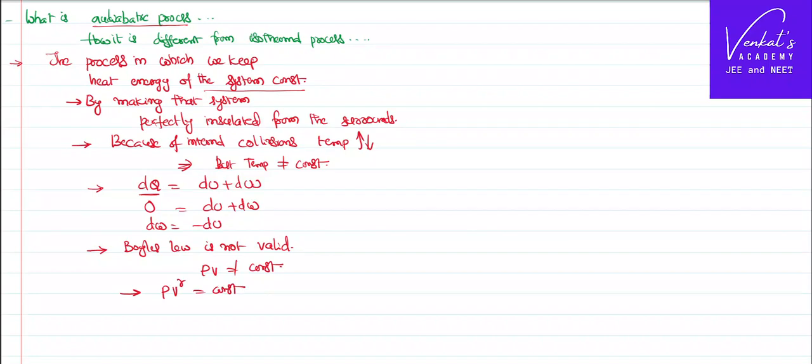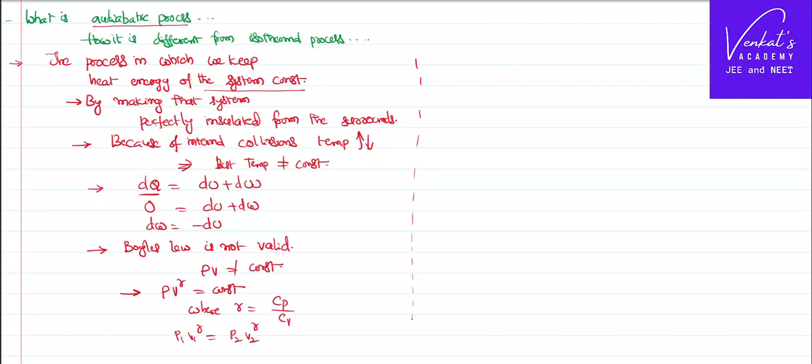We will prove this at a later stage. Where gamma is the ratio of specific heats of the gases, Cp divided by Cv. Or we can say P1 V1 power gamma equal to P2 V2 power gamma. That is what adiabatic process is.